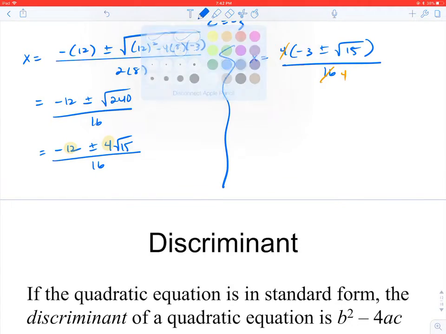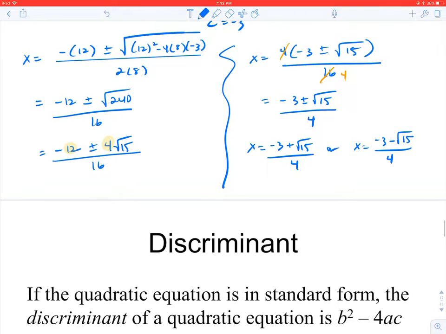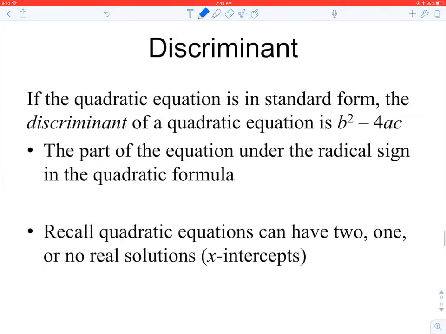And 4 goes into 4 once, 4 goes into 16 4 times. So we have negative 3 plus or minus root 15 over 4. x equals negative 3 plus root 15 over 4, or x equals negative 3 minus root 15 over 4.